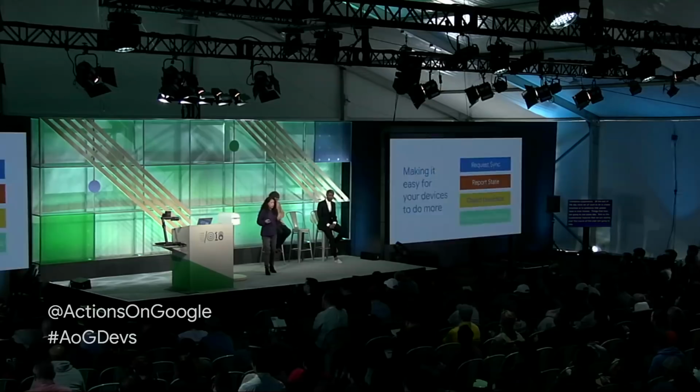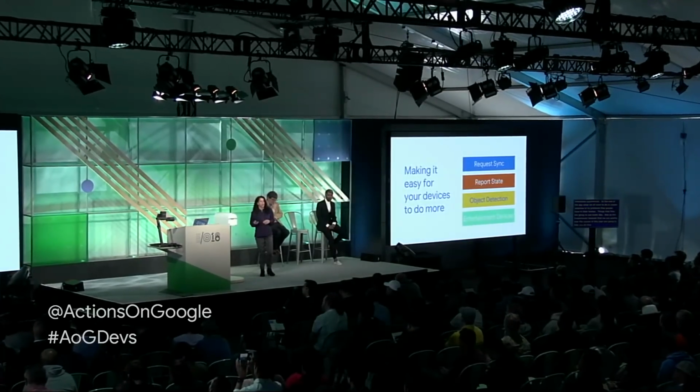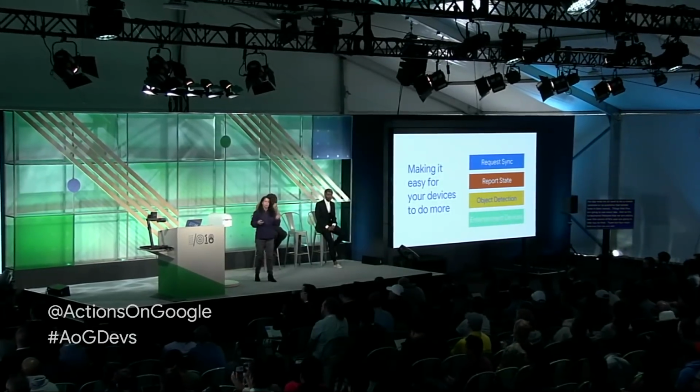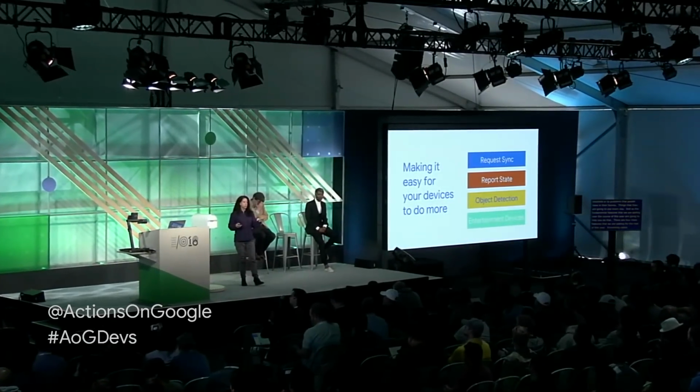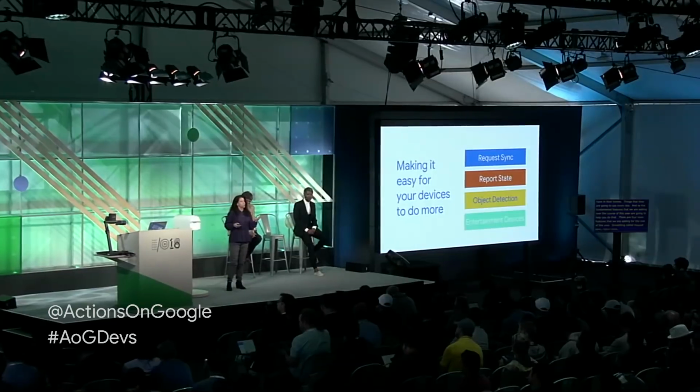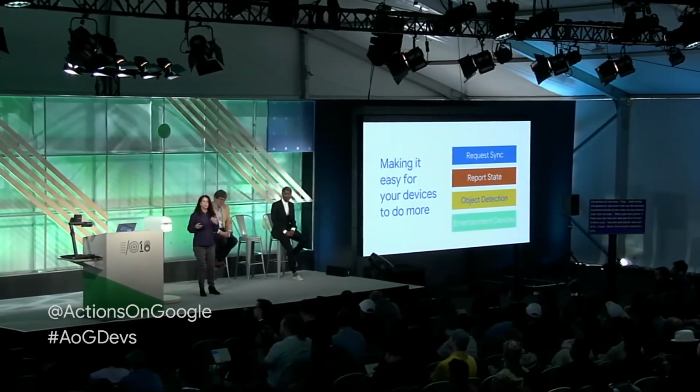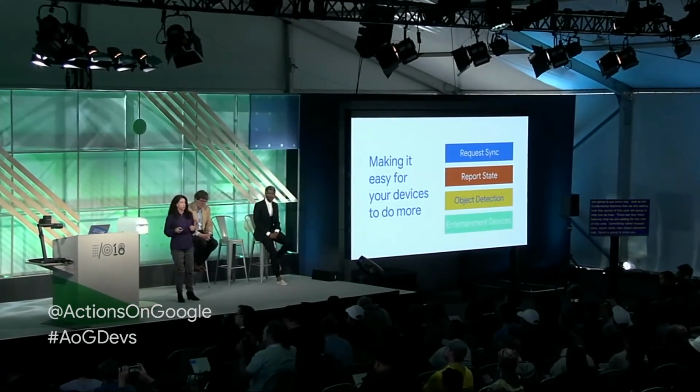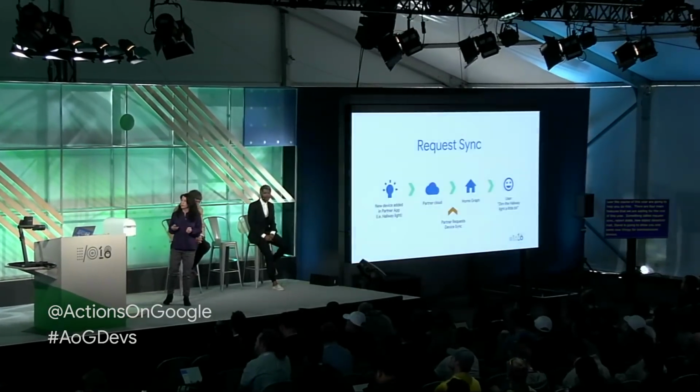And so the fundamental features that we're adding over the course of this year are going to help you do that. There are 4 main features that we're adding for the rest of this year: request sync, report state, a new object detection trait that David's going to show you, and some new things for entertainment devices. So let's start with request sync.